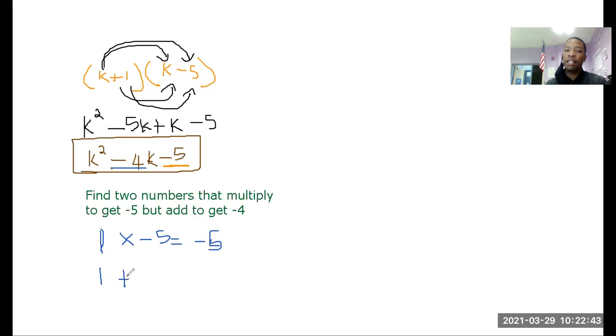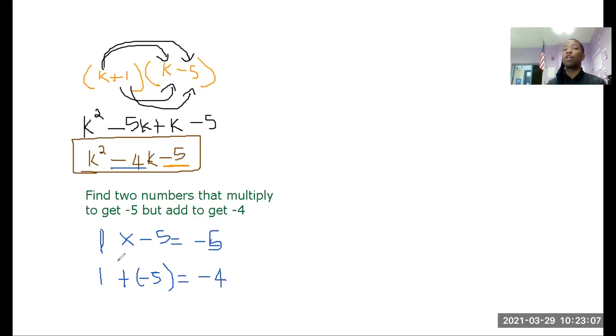But if we add them, we get negative 4. So the two numbers, whatever two numbers you pick, that's how we start. They have to multiply to get this last number right here. And then you have to add them to get this number. Whatever those two numbers are, that's what you use.